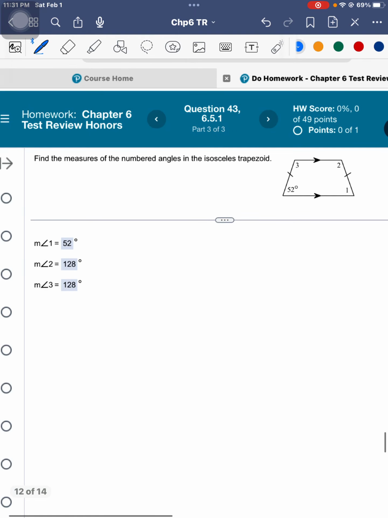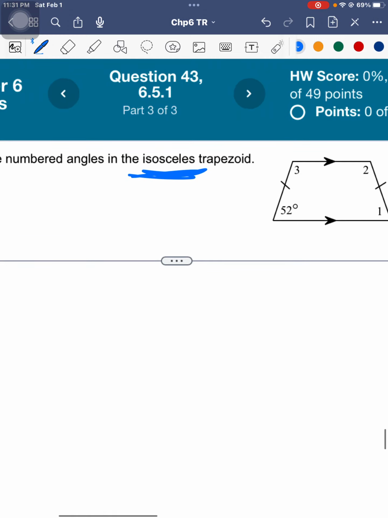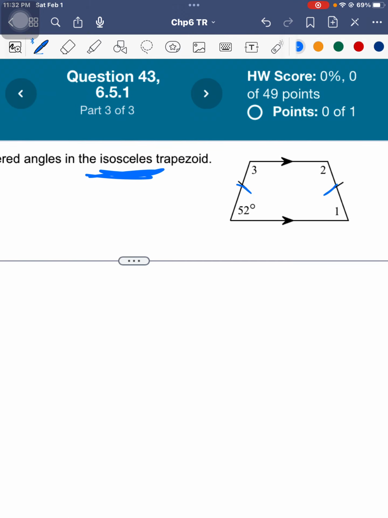Okay, find the measures of the numbered angles in the isosceles trapezoid. Okay, that's very important. What are the three properties we know about isosceles trapezoids? The legs are congruent, the base angles are congruent, and the diagonals are congruent as well. So here, I'm not really going to need the diagonal knowledge, because I don't have any diagonals or side lengths, but I do have base angles.